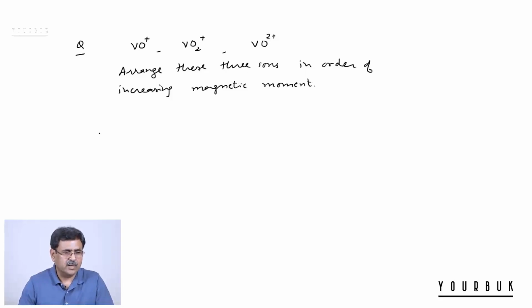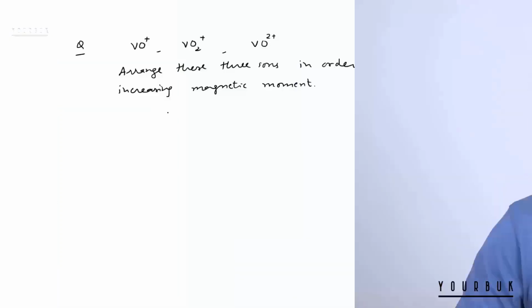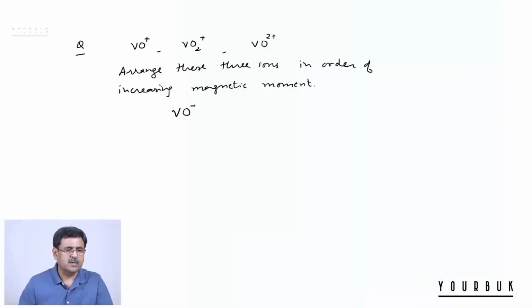So to arrange these ions in order of increasing magnetic moment, first we should know which ion has the maximum number of unpaired electrons. And to find the number of unpaired electrons, we should calculate the oxidation state of vanadium first, then we should write the configuration, calculate the number of unpaired electrons, and then arrange the ions in order of increasing magnetic moment. This is the sequence of steps involved.